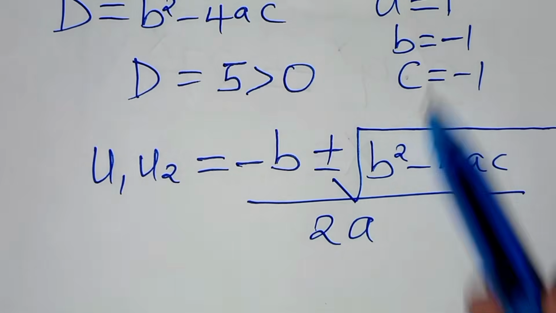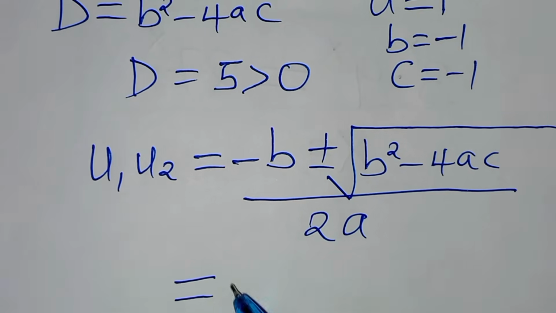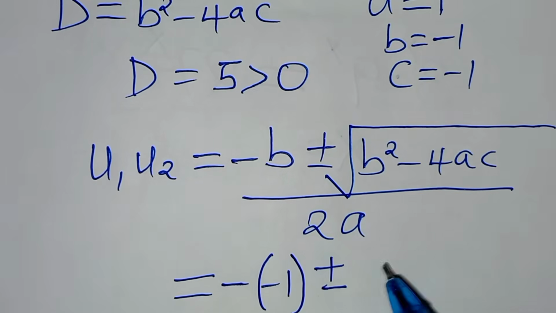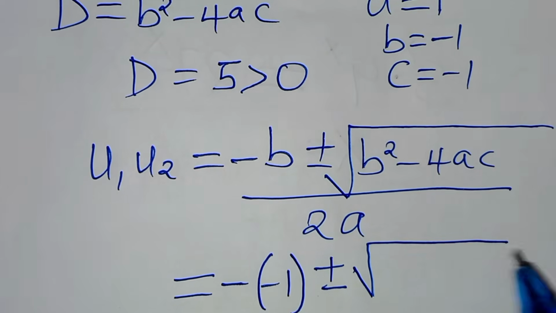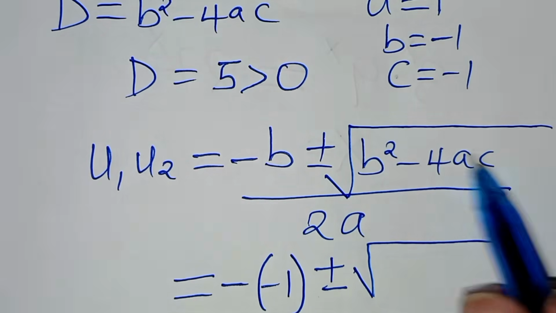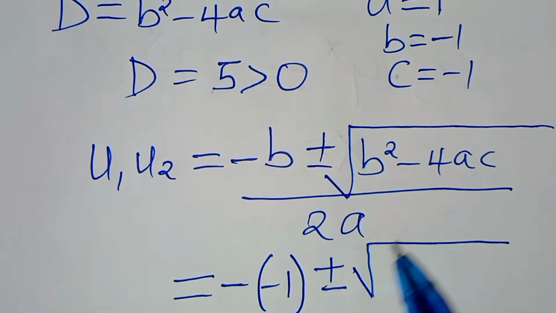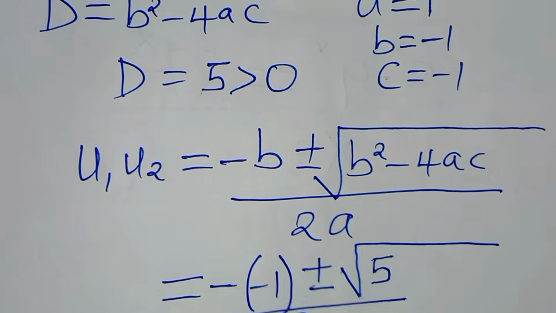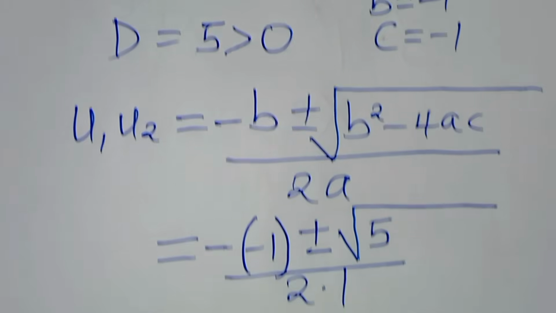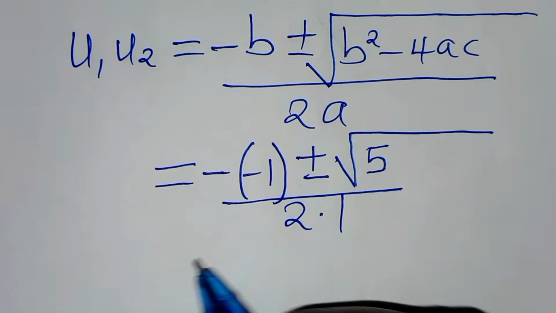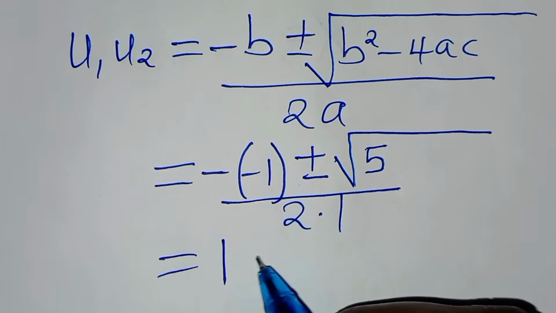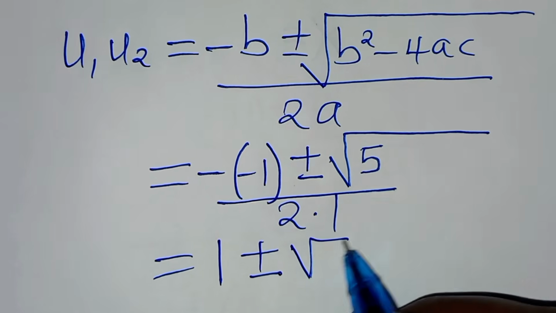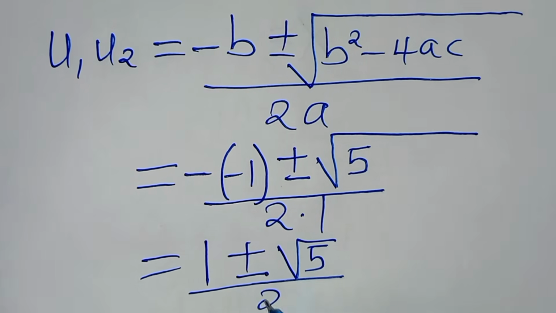Substituting the values of a, b, and c, so here we have minus minus 1, that is 1, plus or minus the square root of the discriminant, which is equal to 5, everything here divided by 2 times 1. So here we have 1 plus or minus the square root of 5 divided by 2.